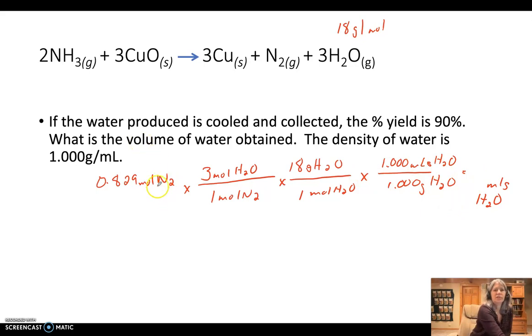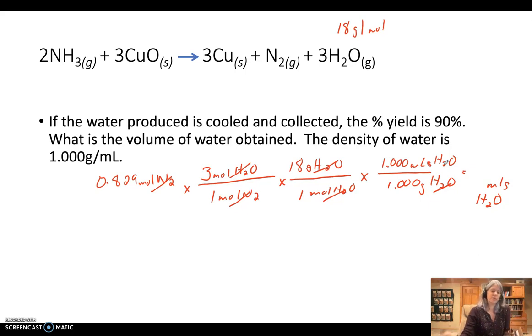So let's make sure our moles of nitrogen cancel, our moles of water cancel, our grams of water cancel. So we should end up with milliliters of water, which is a volume, right? So they want to know what's the volume. So 0.829 times 3 times 18 times 1.